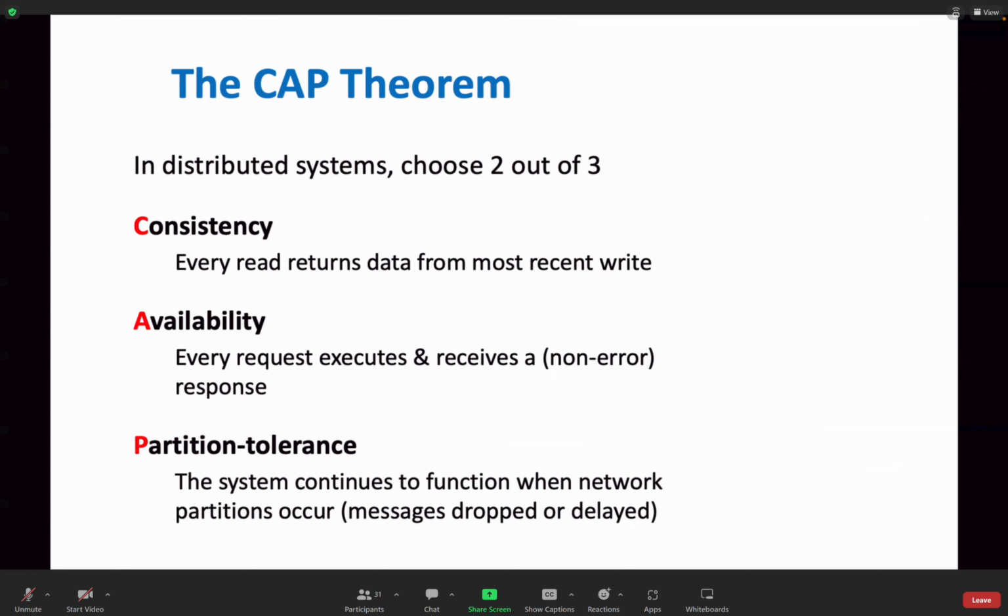Consistency is a good thing, availability is a good thing, partition tolerance is a good thing, but it's difficult to have all three at the same time. So you have to have a priority, make a decision, getting only two out of the three. So consistency, availability, partition tolerance, that's what CAP stands for.